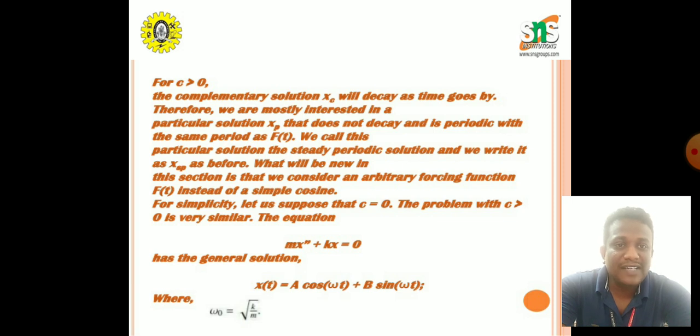For simplicity, let us suppose that c is equal to 0. The problem with c greater than 0 is very similar. The equation m x double dash plus k x is equal to 0 has the general solution x of t is equal to a cos omega naught t plus b sin omega naught t, where omega naught is equal to root of k divided by m.